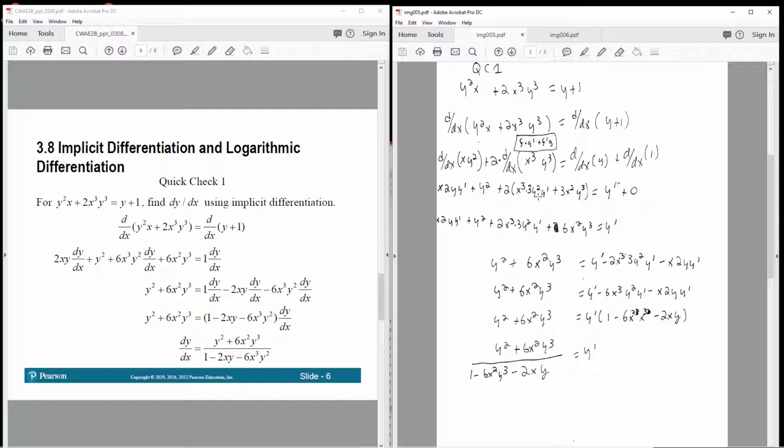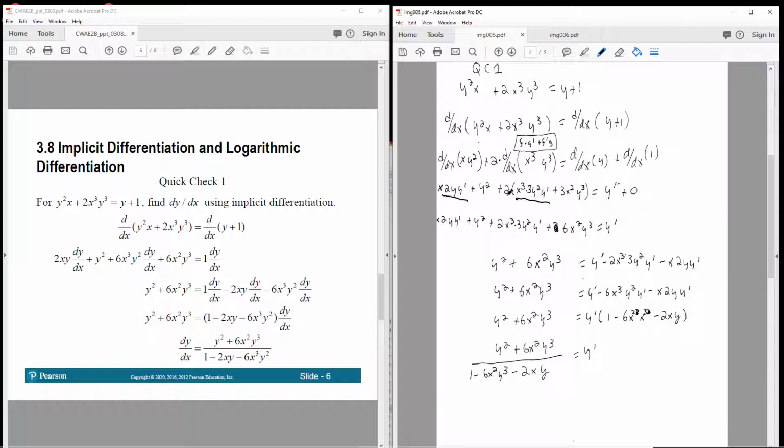If you get confused about this a little bit, you can do this too. That term has a y prime in it, and that one has a y prime in it. So everything else will be going to the other side.